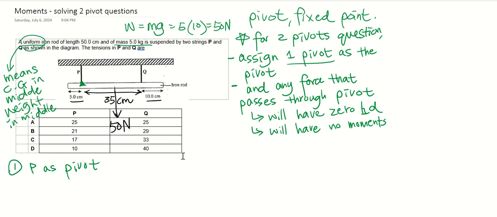Okay, so step 2, how many forces are there? There are 3 forces. Firstly, we have an upward force called FP. I have an upward force of FQ, right? And these 2 forces are supporting the rod and not letting the rod fall. The downward force is 50 Newton.